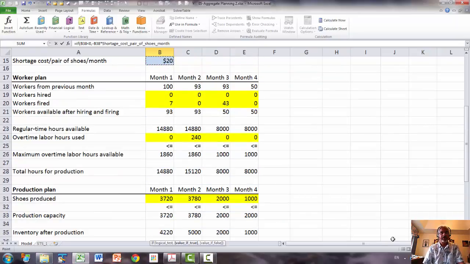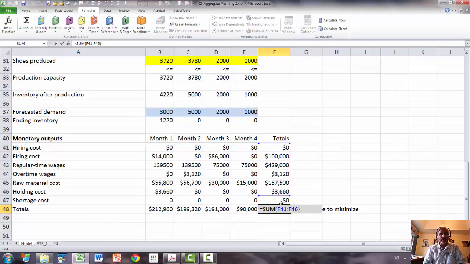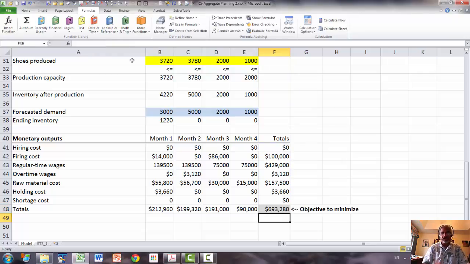Otherwise 0. Now you copy that everywhere. So that's your total, and make sure that this total now includes the shortage cost. So this should be summed up to F47. That's the objective that we have to minimize.